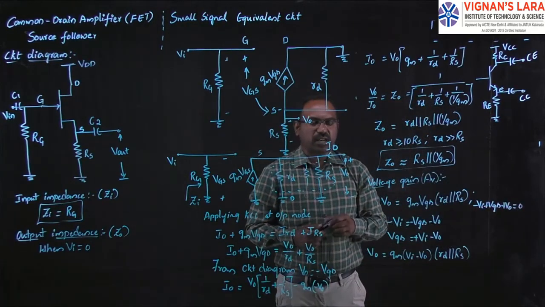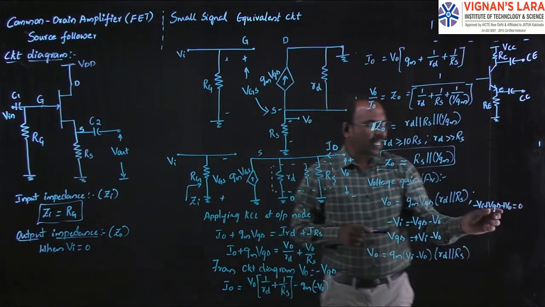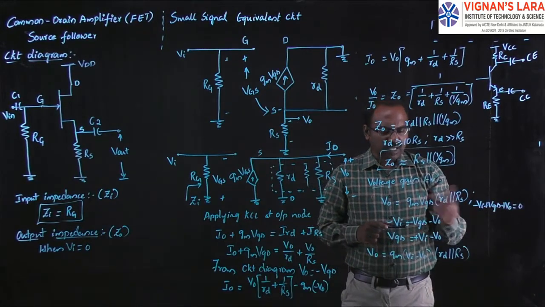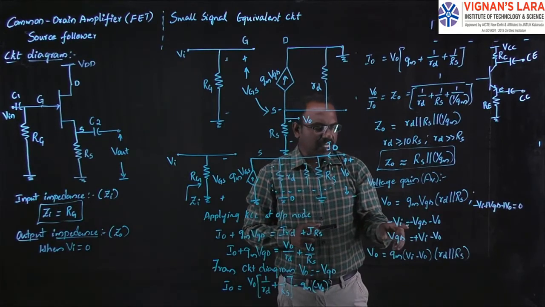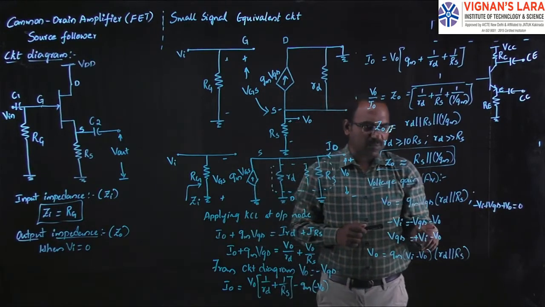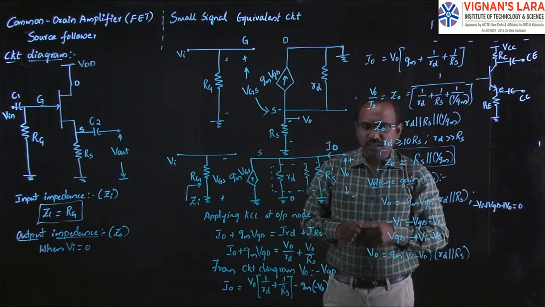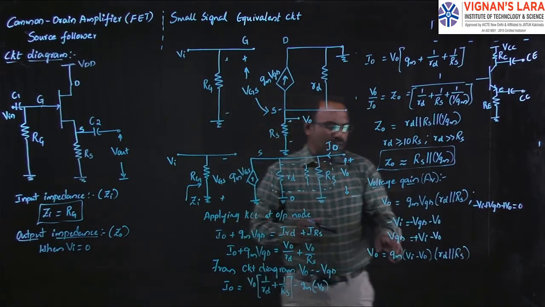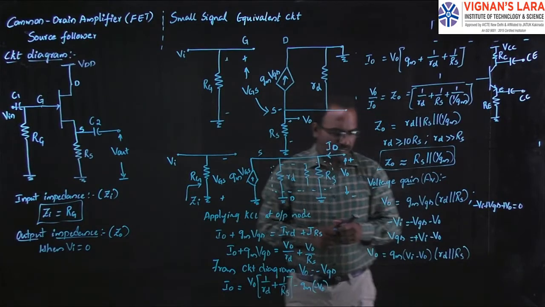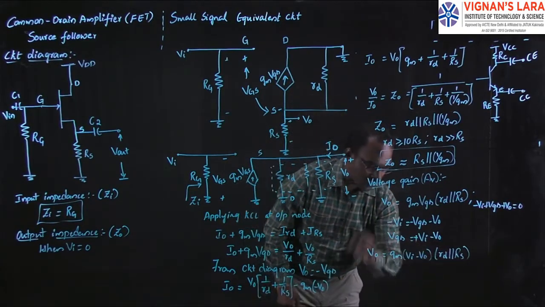Now I think you got the clarity. So if I take minus VGS and V naught to the right side, my equation will become minus Vi is equal to minus VGS minus V naught. So I hope you got the clarity in this. So I am taking V naught to this side.